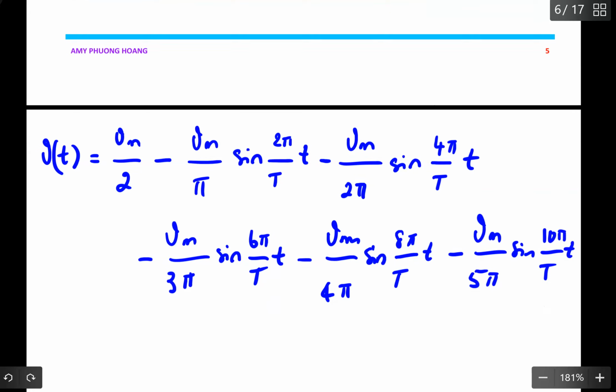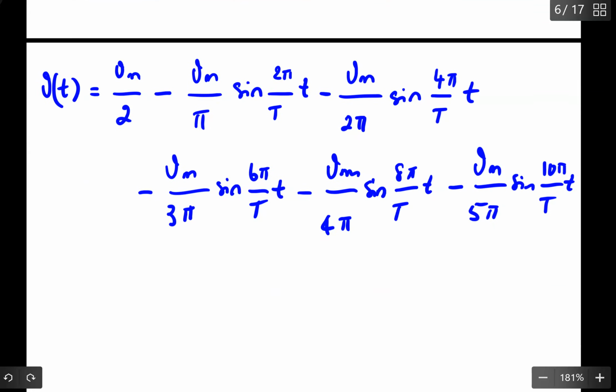Subtract V max over 5 pi sine of 10 pi over T times t. And I need to simplify, so I am going to write V max over 2, and I will factor out this V max over pi.